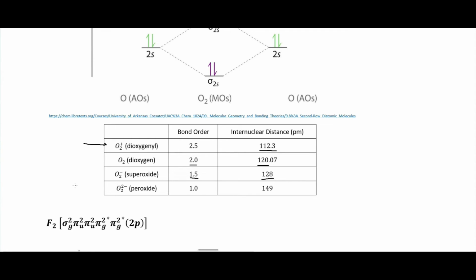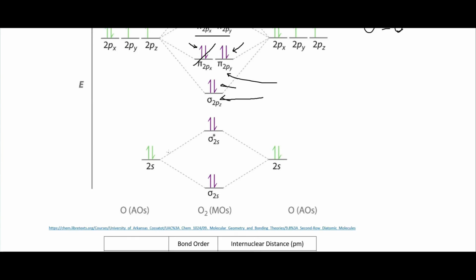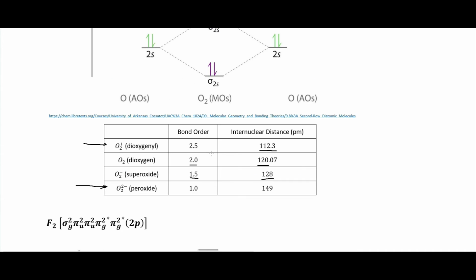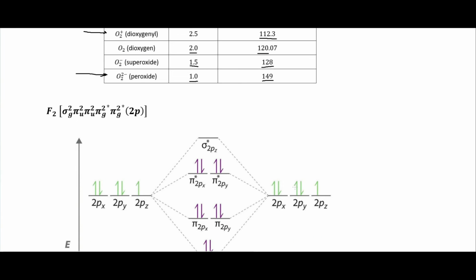And then the peroxide here, which would be kind of like adding another electron right here, and so we're down to just this single bond, so a bond order of 1, and this has this particularly long bond length here, so internuclear distance.